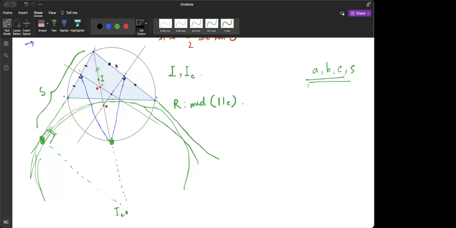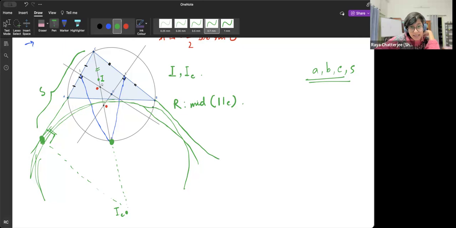RA is going to be equal to RI. RA, yes, exactly. But finding out RA using Ptolemy is going to take a lot of time. So what I suggest is that you first find out CIC using trig, because of this triangle.